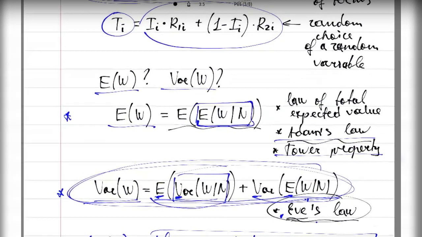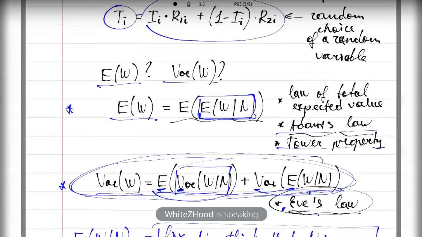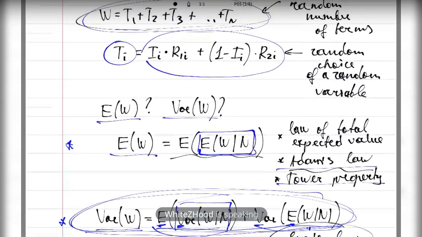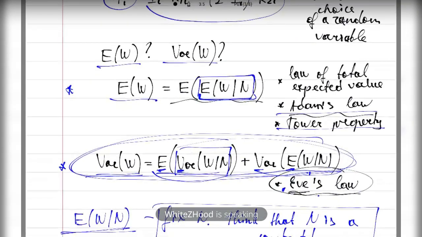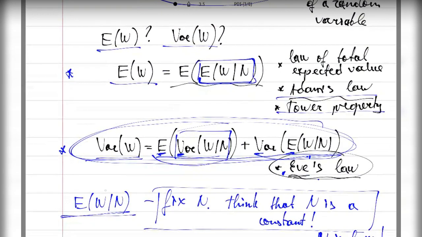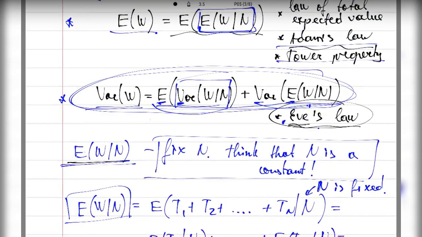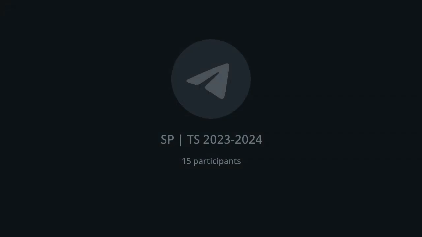This, which is written in blue ink. Yeah, there's a thing that n is a constant. When we calculate expected value of w given n, it's once again the vertical bar. We fix n, so we think of n as a constant.